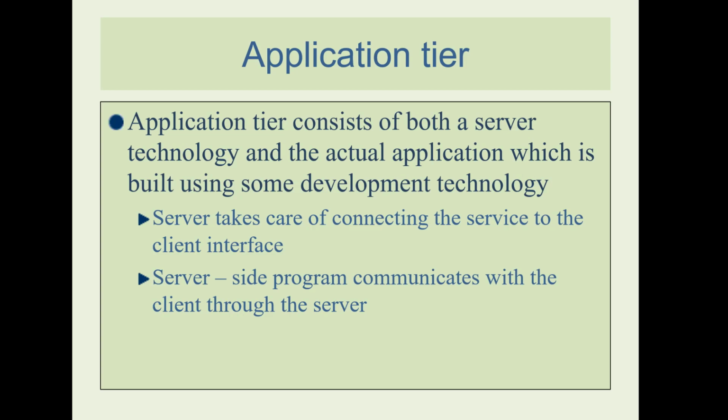The server, which is the computer, takes care of connecting this service to the client interface. So like in the previous picture you saw, it will construct the web page and then communicate it to the client side. And on the other side, it also receives the request from the client side.